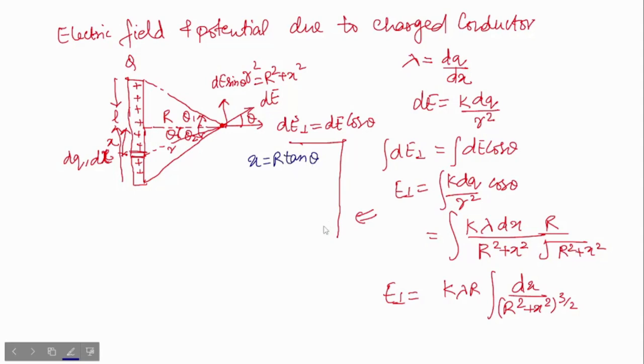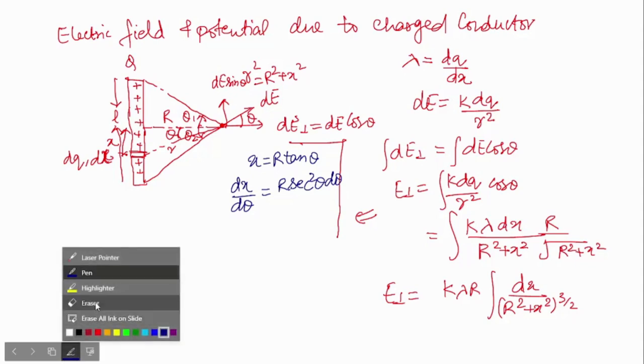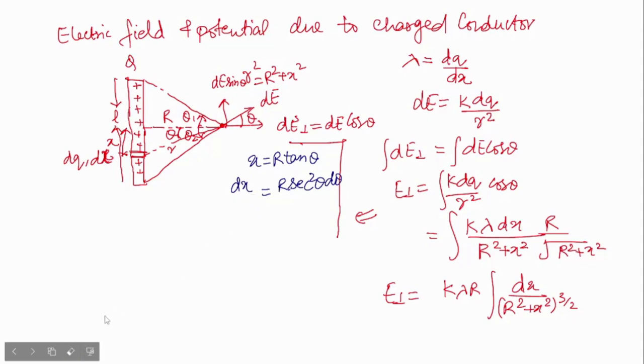If you differentiate it with theta, we get dx by d theta equals R sec squared theta, so dx will be R sec squared theta d theta. Now you just need to put this in the earlier equation. Suppose this is equation 1, and you need to put the value of dx here.